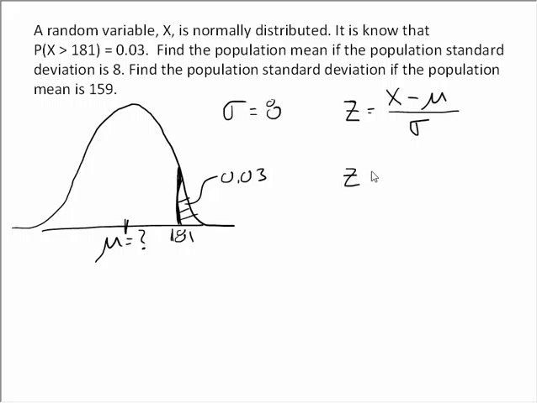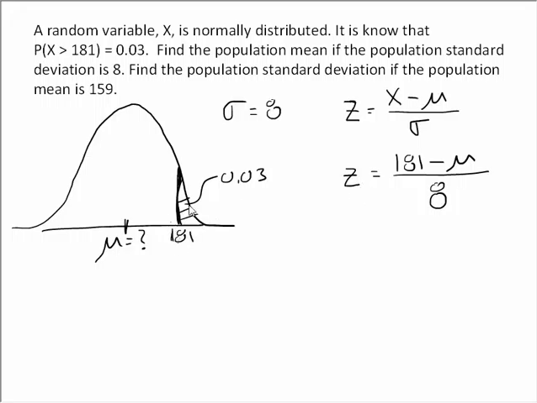Nope, but we're going to find it. x is 181, the point we're looking at. And there's the population mean, the one we're looking for. And we do know the population standard deviation. So we have two variables here. If we find one more, we'll be able to solve for the last. We have to find the z value, and we have enough information to do that.